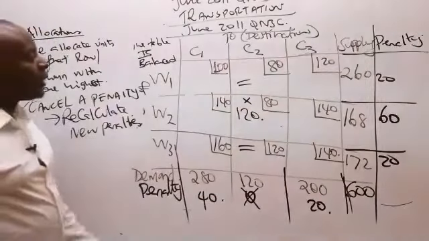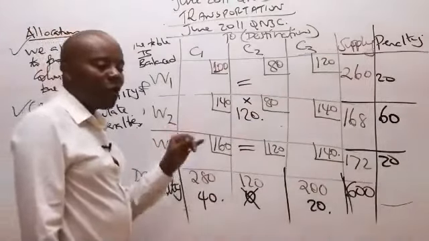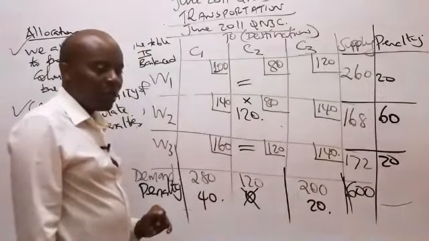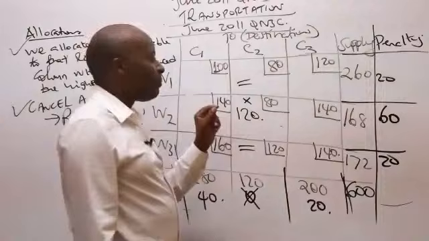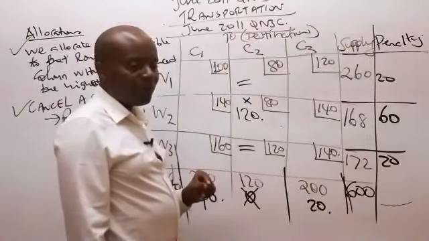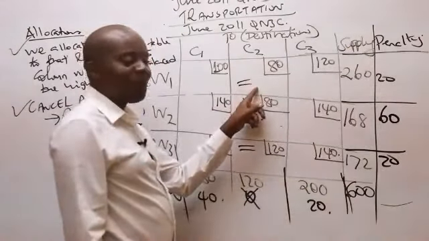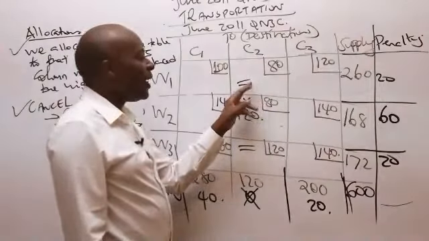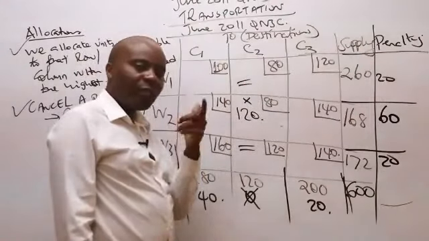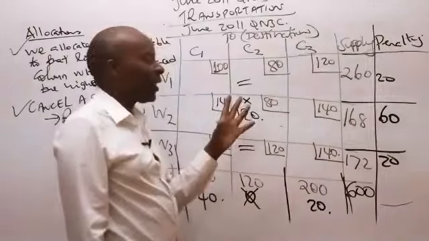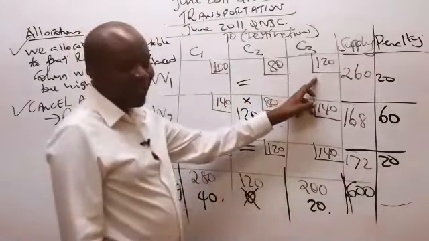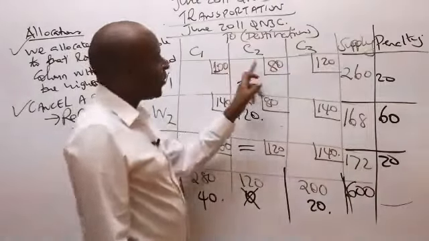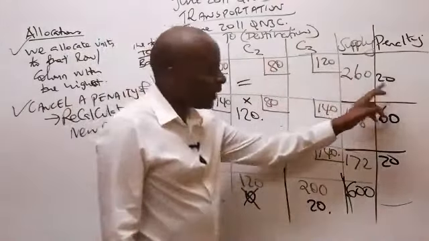After that, let's now target the row penalties. Remember, it's very easy. You look for the best cell. Now the best cell is no longer this 80. This one here with 80 is not eligible for taking up units. It's already blocked. So in this case, the best is 100 versus 120. So 100 minus 120, I'm still getting a penalty of 20.